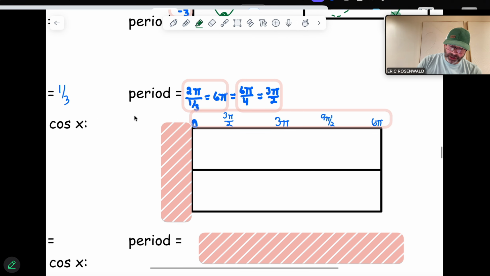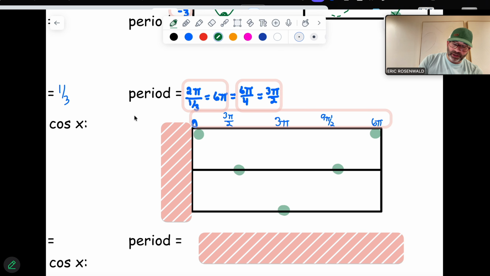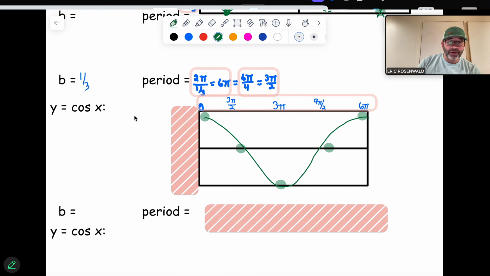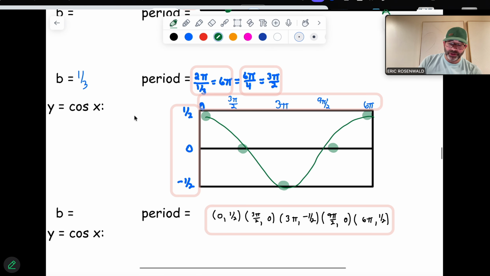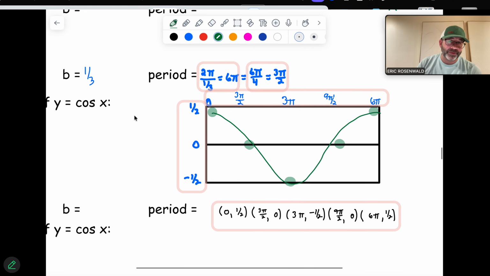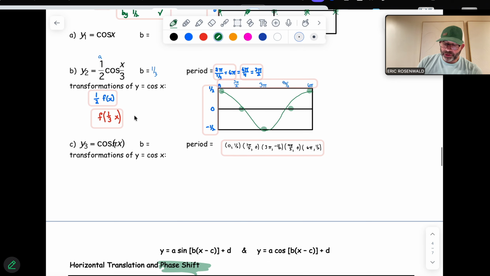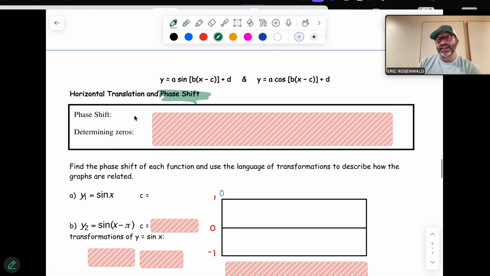Cosine curve, it goes here, here, here, here, here. And we'll go ahead and connect all those and we get our cosine curve. 5 critical points from this. All right, 0, 1/2; 3 pi over 2, 0; 3 pi, negative 1/2; 9 pi over 2, 0; and then 6 pi, 1/2.